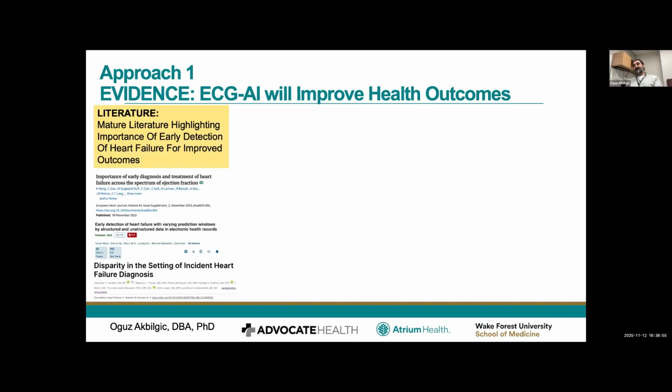But again, does it improve health outcomes? We had to show that as well. First of all, there's strong literature showing that earlier diagnosis leads to better outcomes. But of course, we cannot rely only on the literature.